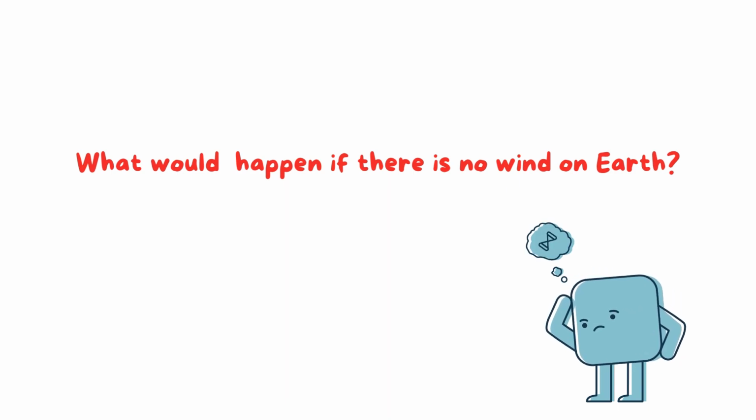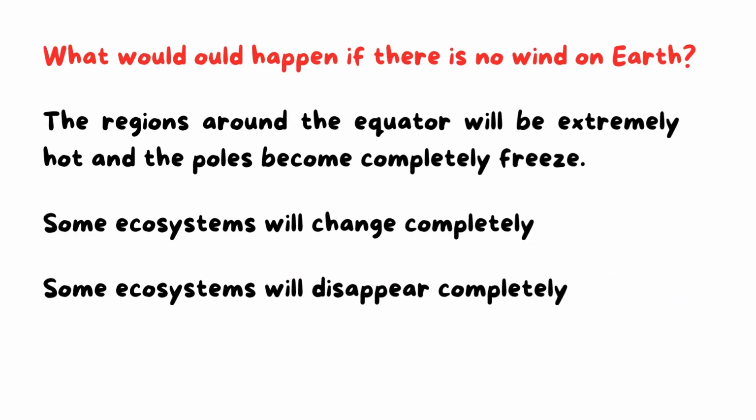So without wind, the regions around the equator would be extremely hot and the poles would become completely frozen. Some ecosystems would change completely, as the regions around the equator would be very, very hot, so some living organisms can't survive there, and the opposite at the poles, where some living organisms can't live in completely freezing ecosystems.